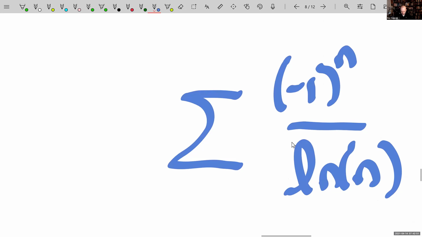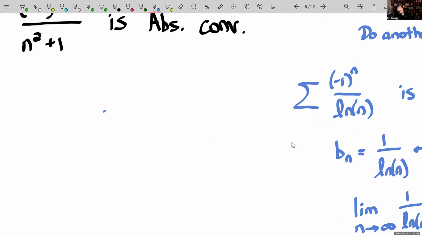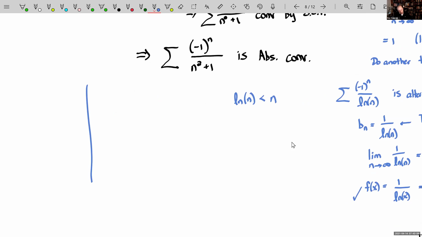I don't know if we can, because if you try to compare it, I'm going to say it diverges, by the way. If you try to compare it to maybe this, it is true that the natural log of n is less than n. If you think about the graphs of natural log of x versus x, you can easily see y equals x is greater than y equals natural log of x. So it is true.